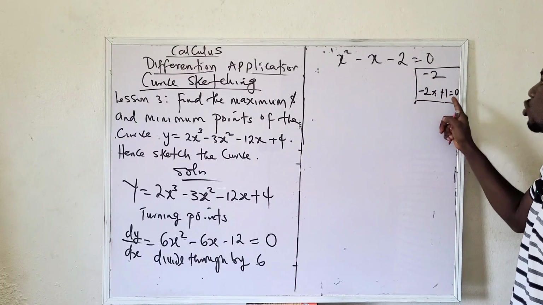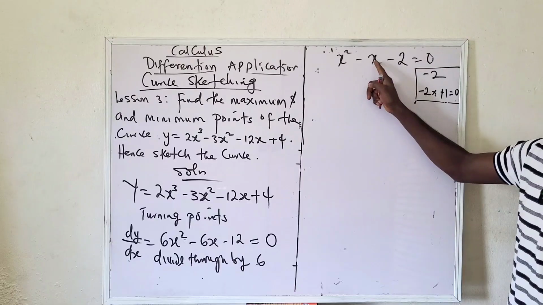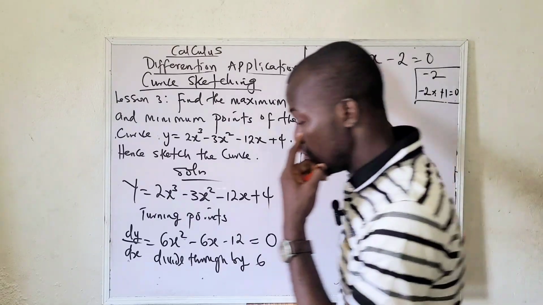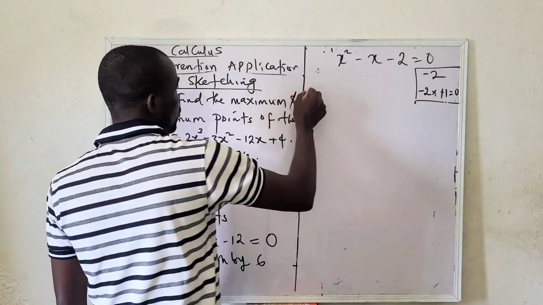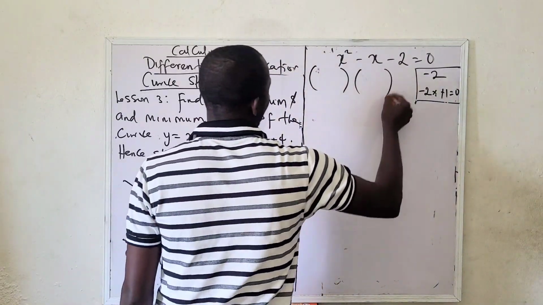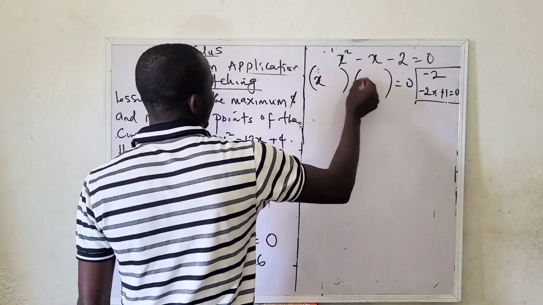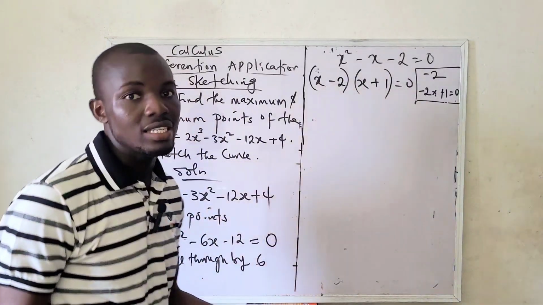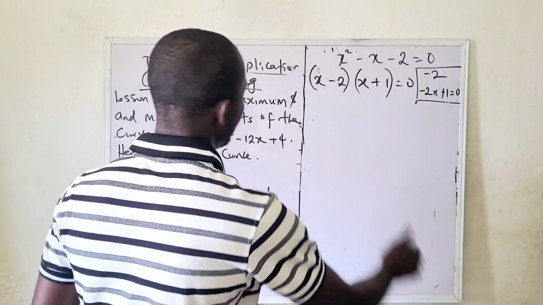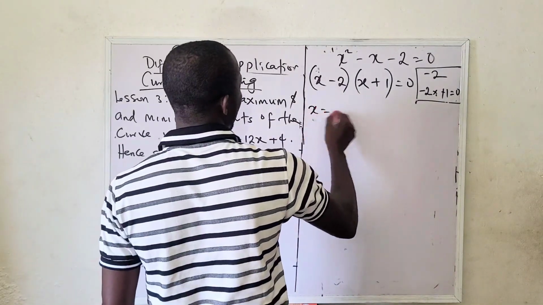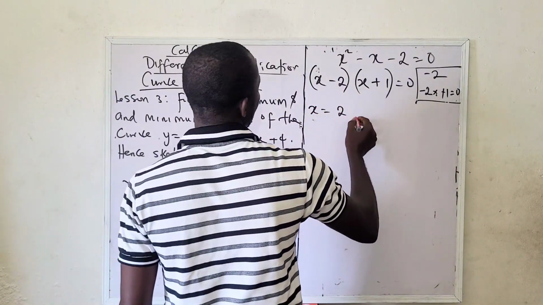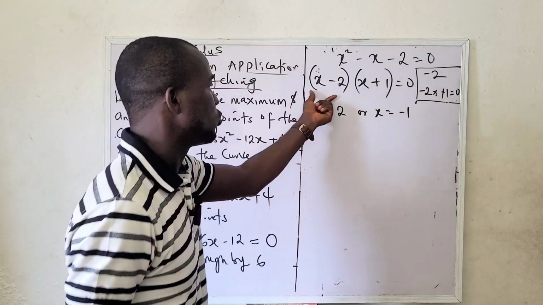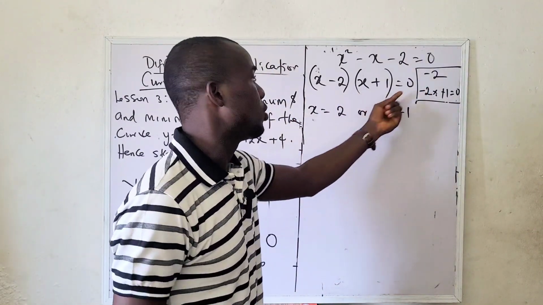Also, minus 2 plus 1 gives us the coefficient beside x, that is negative 1. Therefore, we can open two brackets and equate them to 0: x minus 2 and x plus 1. We factorized it, okay? And from here, we can tell that x is 2, or x is negative 1. Either this equals 0 or this equals 0.